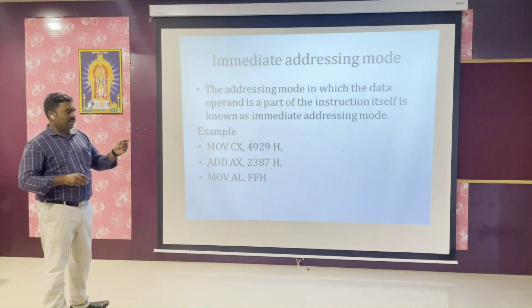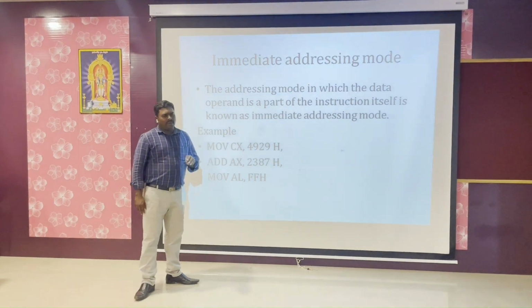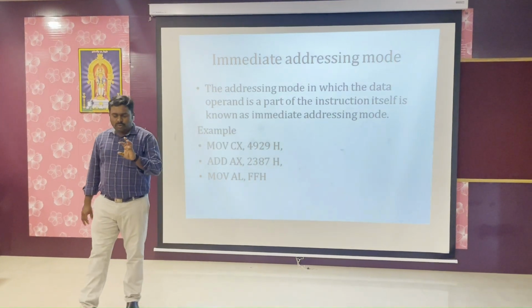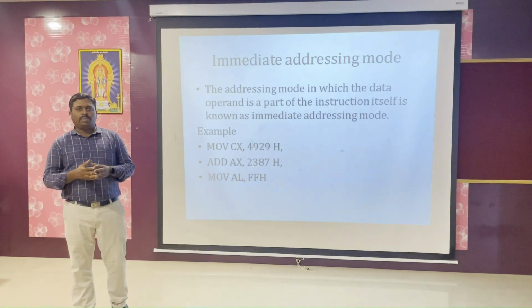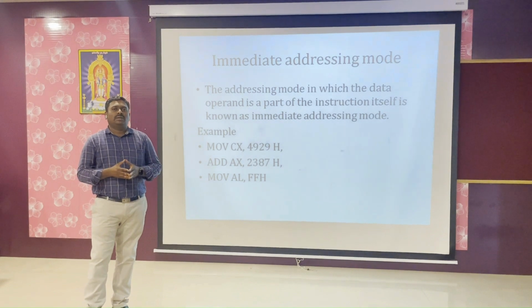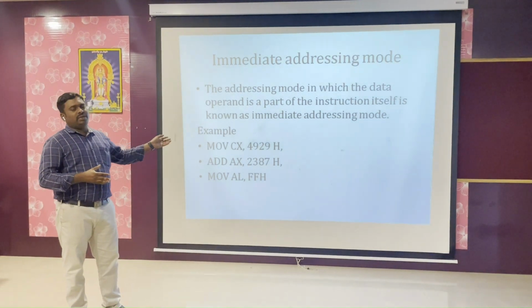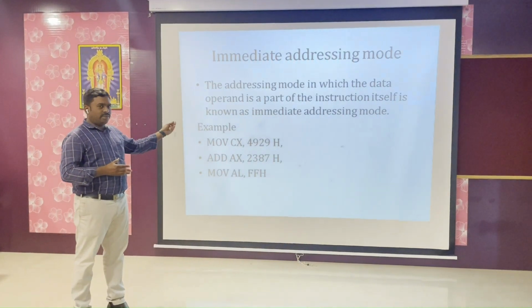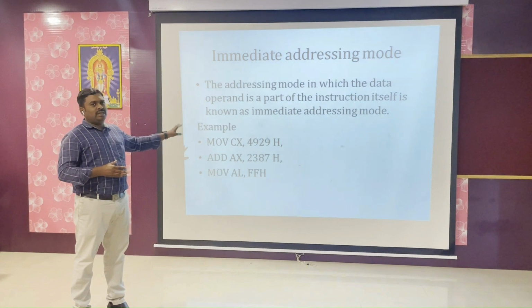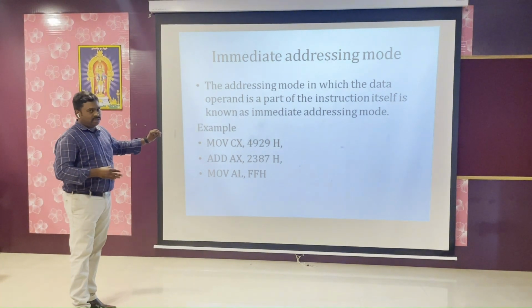Here, the hexadecimal value 4929 is moved to the register CX, which is nothing but a combination of CL and CH. So, the data operand is part of the instruction, and it is given directly. This type of addressing mode is said to be an immediate addressing mode.